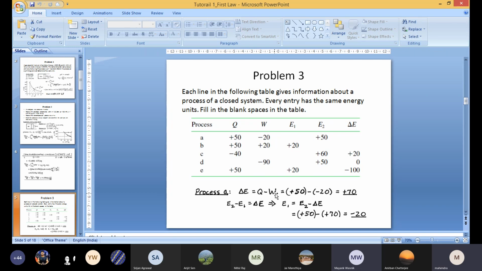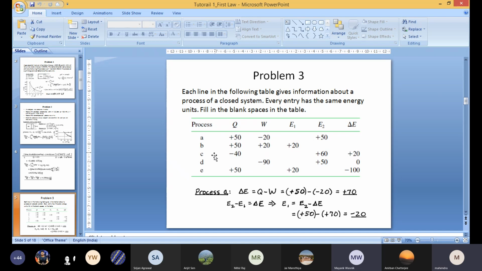Okay, suppose for process A, whatever data is given, I am substituting over here. Q data is given. Heat supplied is positive, heat supplied to the system. This is negative, that means work done on the system. These two we have substituted and we got 70. This change in internal energy is 70.